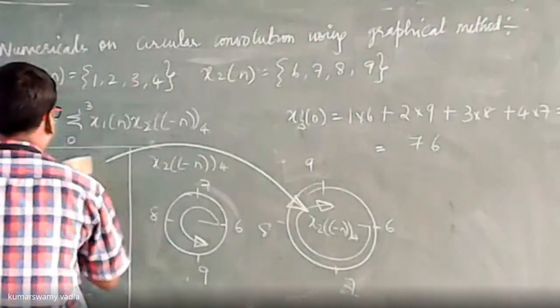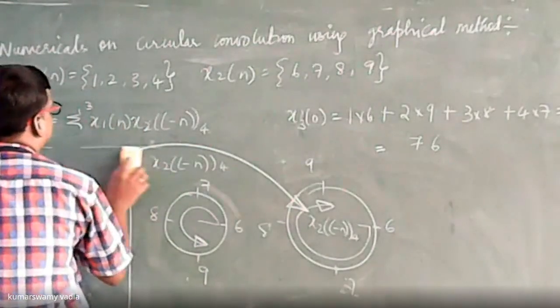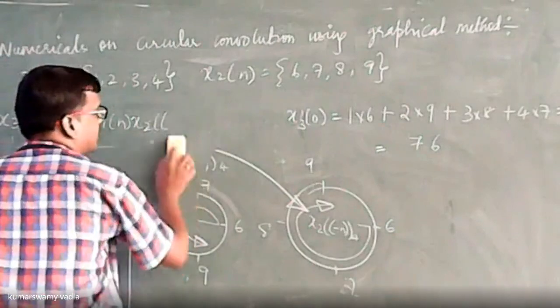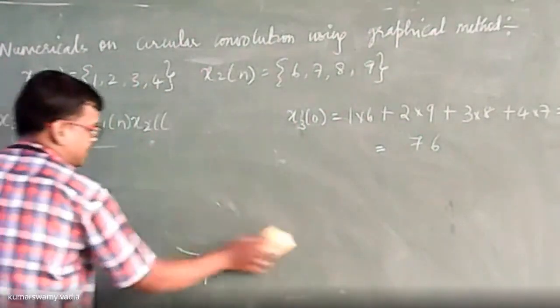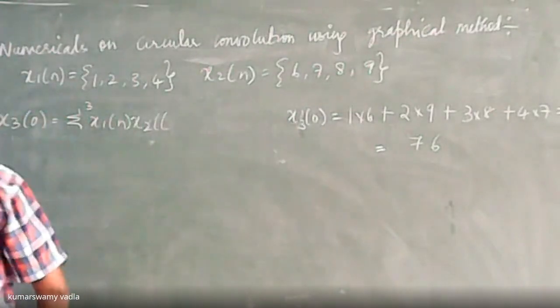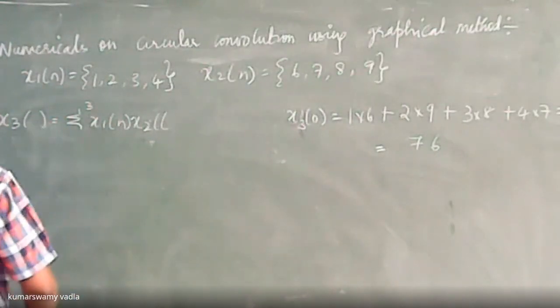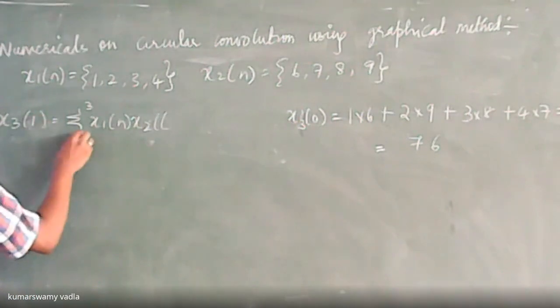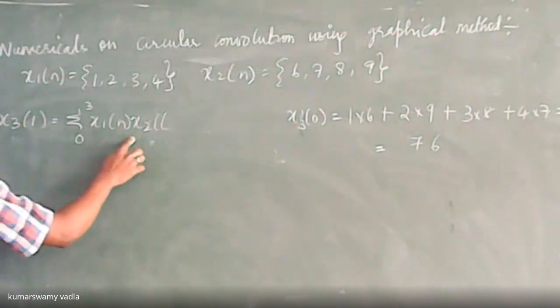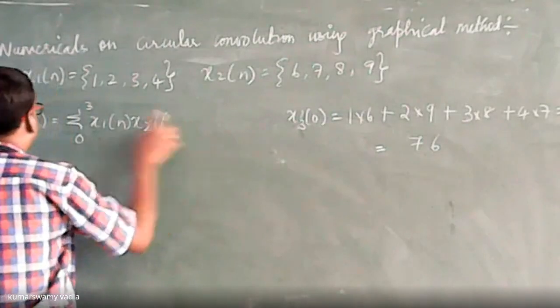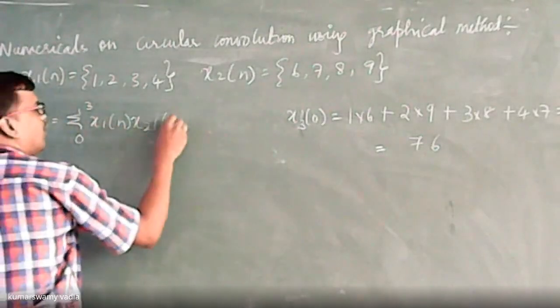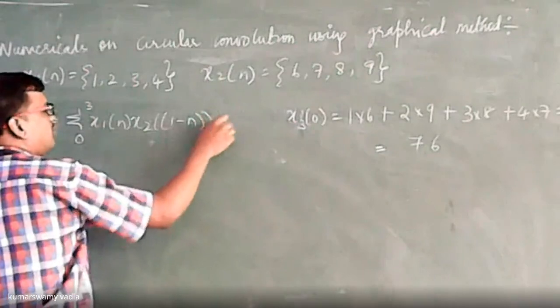Yes. Okay. Now, to get x3 of 1, what should I do? x3 of 1 is the sum from 0 to 3, x1 of n, x2 of m minus n. What is m here? 1. 1 minus n modulo 4.